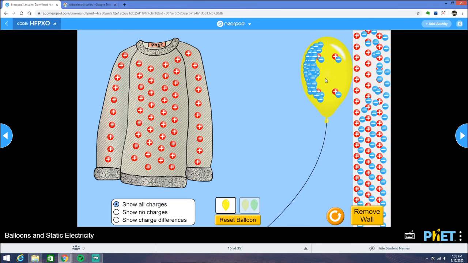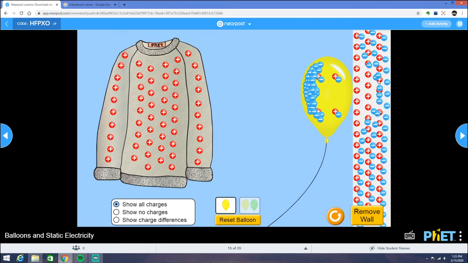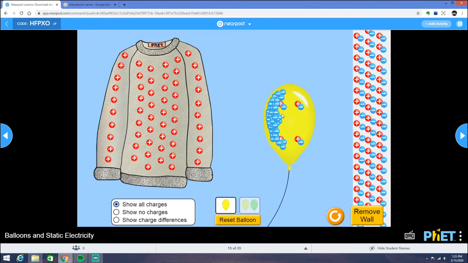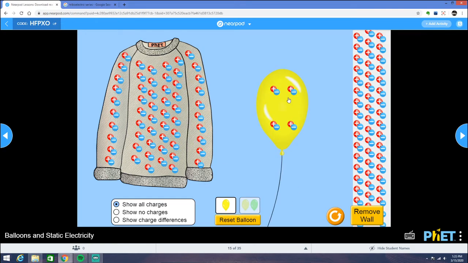And you also see how on the right side, as we bring the balloon to the wall, the negative electrons are trying to move away from the balloon, because again, opposites want to attract, and similar charges want to repel. And that's what you see on the wall right here. I think it's pretty cool how if you reset it all, right now it's balanced. There are no charges on the wall being repelled or attracted.